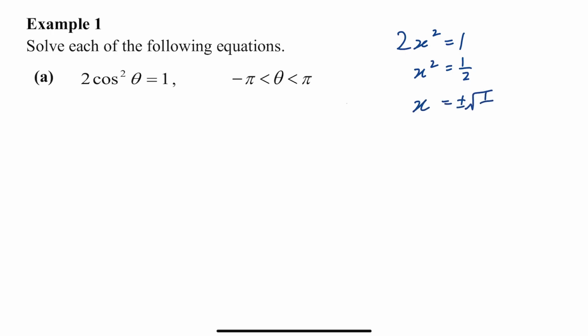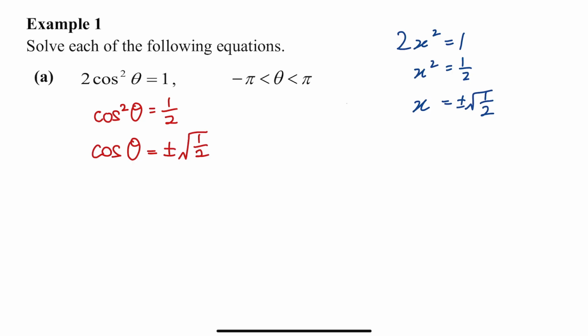Same thing, instead of x, now this just becomes cosine theta. The steps are the same. We make cosine the subject first. I will have cosine squared theta equals half. Therefore cosine theta, I take the square root on both sides. Since I'm square rooting an unknown, I should have plus minus square root of half.